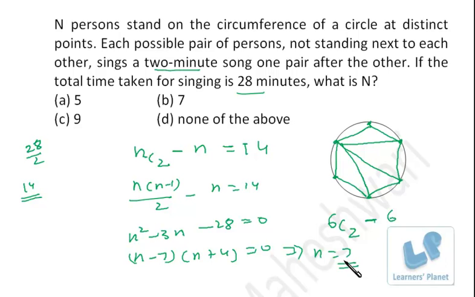That means if we talk about the polygon, it is a 7-sided polygon or a heptagon, or if we talk about this particular situation, there are 7 persons, right? So this particular question is an application of the concept that we discussed, and I hope you are clear. It's a really good question and it came in CAT 2004, right?